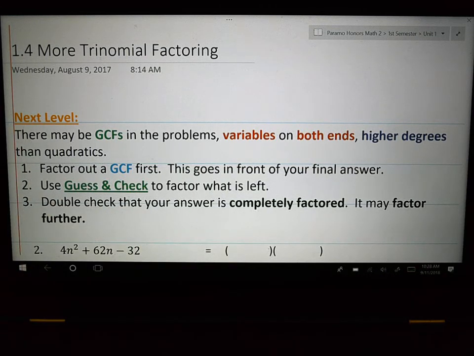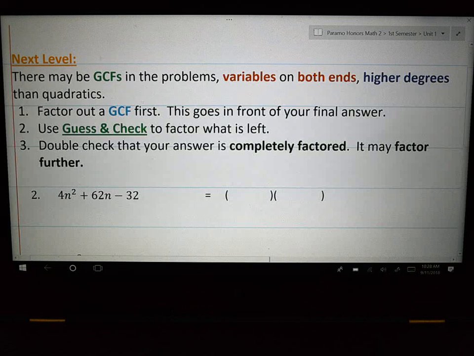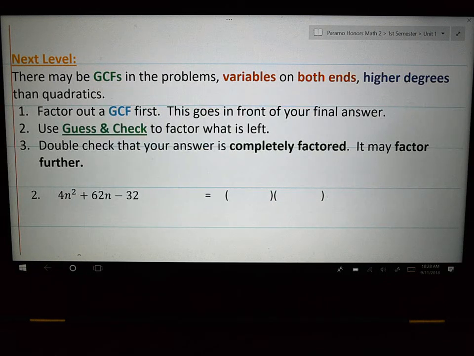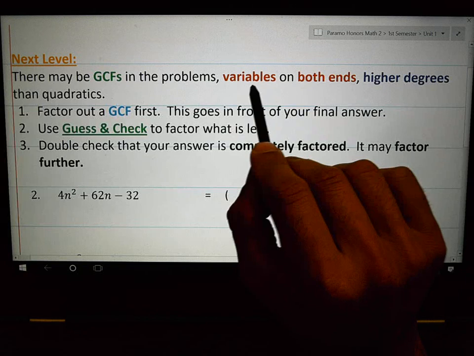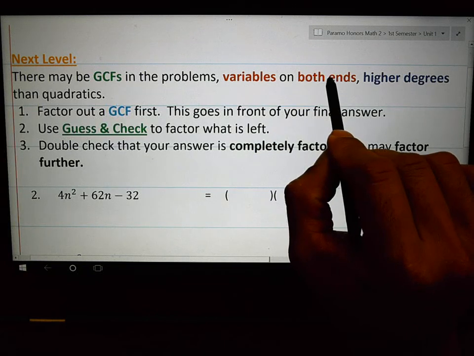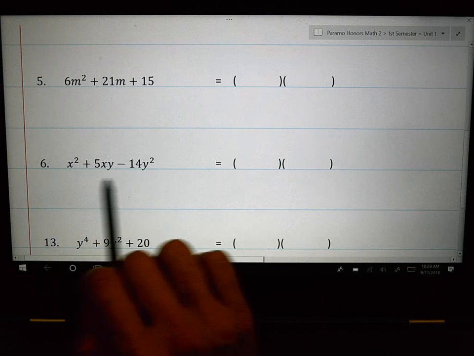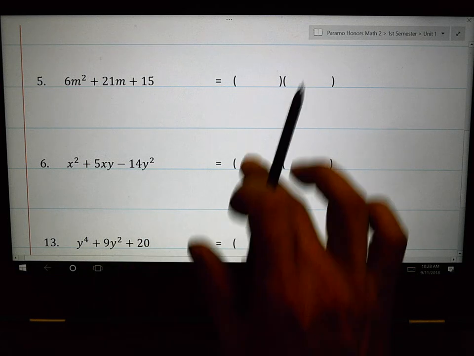The people who wrote this worksheet are trying to give you more difficult problems. They're going to try to trick you in several different ways. They are going to add GCFs sometimes. They are going to add variables on both ends, so you're not going to deal with just x's or m's. They might throw in some y squareds involved.